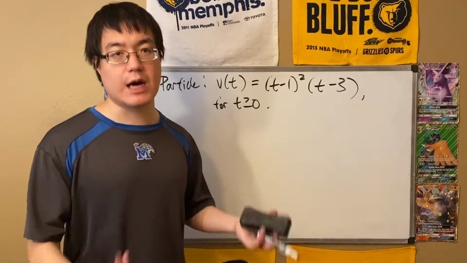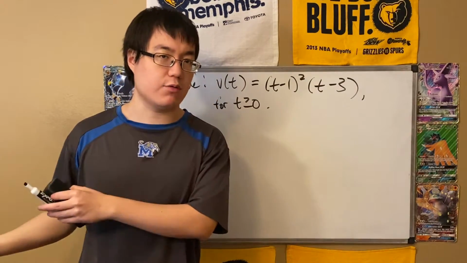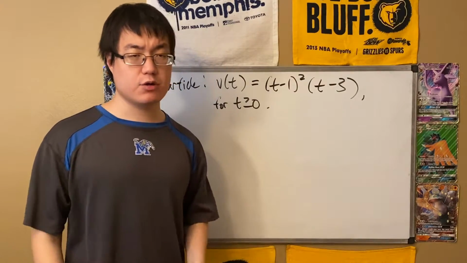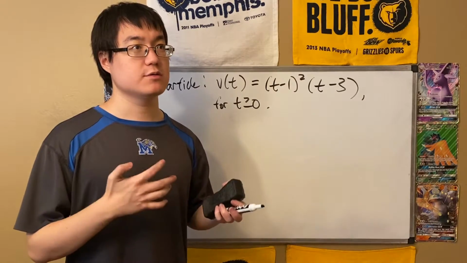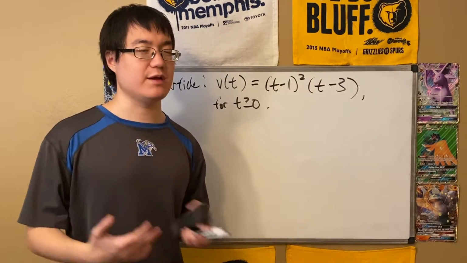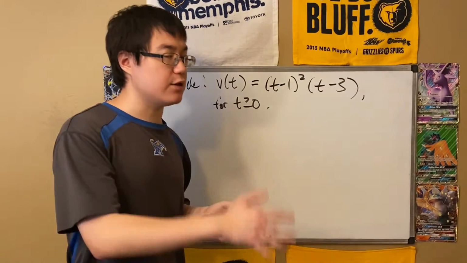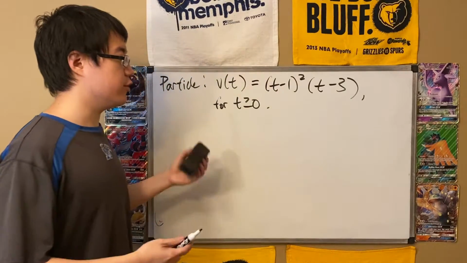So it's something like the speedometer in your car. Keeping in mind, though, it can be negative, and negative means it will be going backwards, as we'll see. So velocity has a direction and a magnitude. Finally, acceleration is how fast the speed is changing. For example, if you step on the accelerator, your velocity is going to be getting higher and higher and higher. So those are the three main functions.